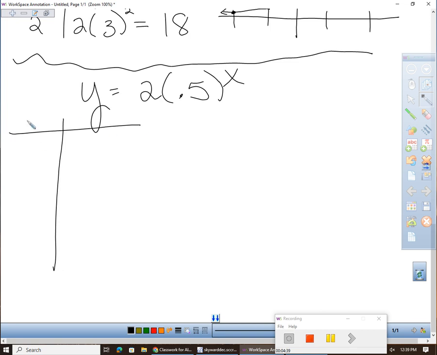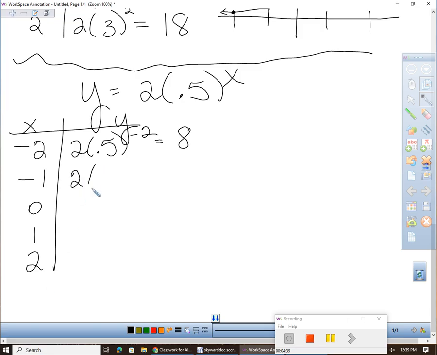In my table, I'm going to do -2, -1, 0, 1, and 2. So I have 2 times 0.5 to the -2. I believe this is 8. Somebody want to put it in their calculator and make sure I'm right? Okay.